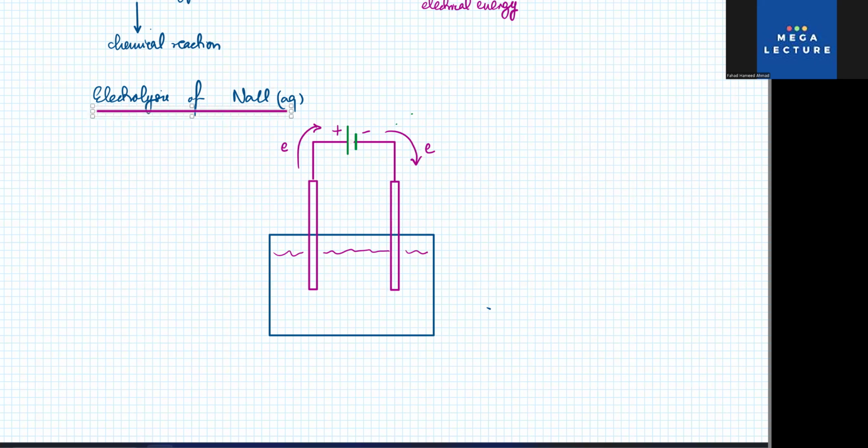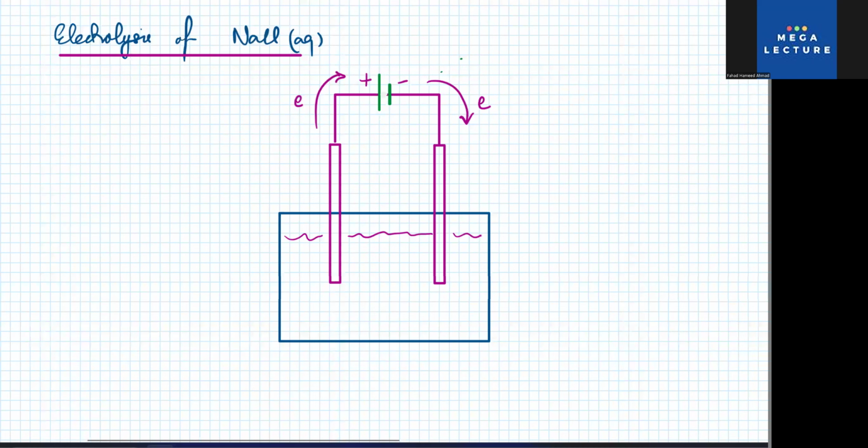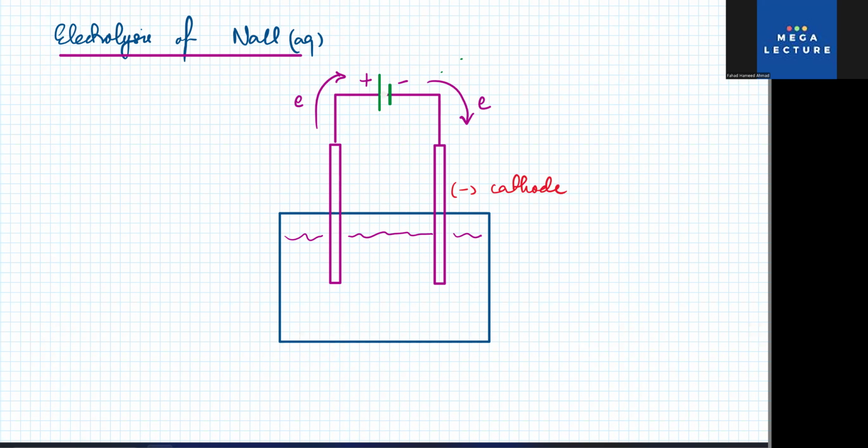Now, because of this, your solution is going to have a bunch of ions. Since it's NaCl aqueous, there are going to be Na plus ions. This side is your negative cathode, and that side over here is my positive anode.